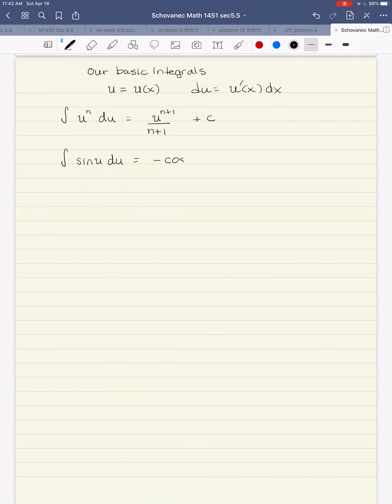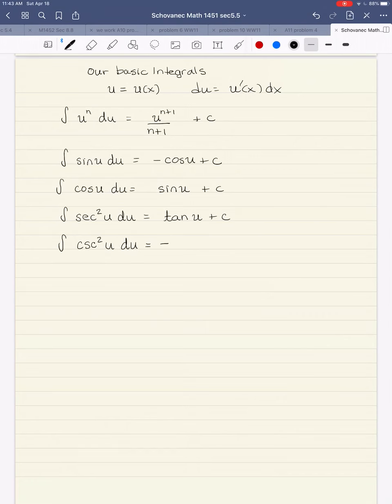The integral of the sine of u du is minus the cosine of u plus c. The integral of the cosine of u du is the positive sine of u plus c. Then we had the integral of secant squared of u du is the tangent of u plus c.